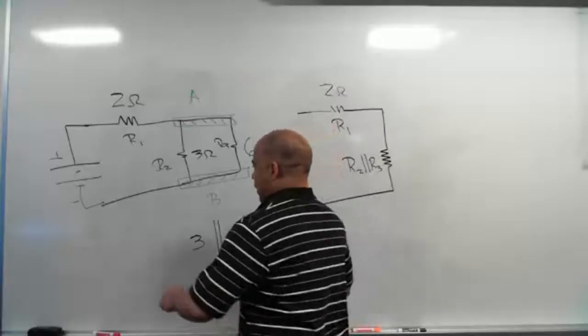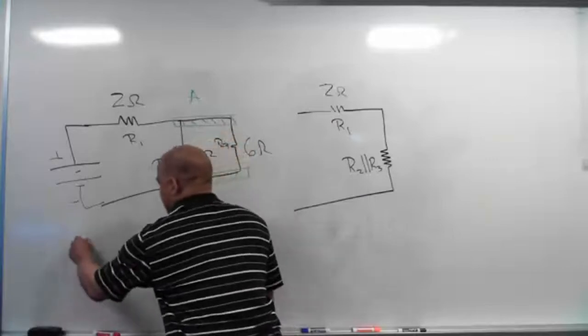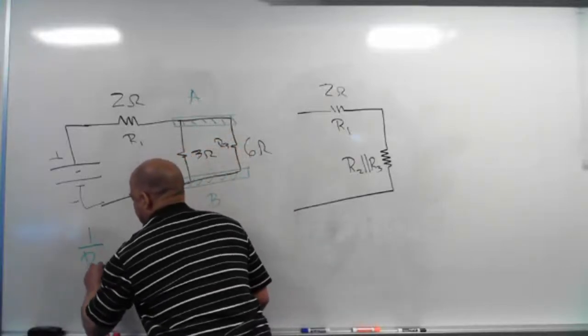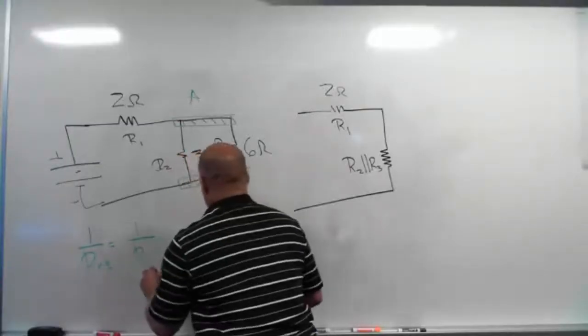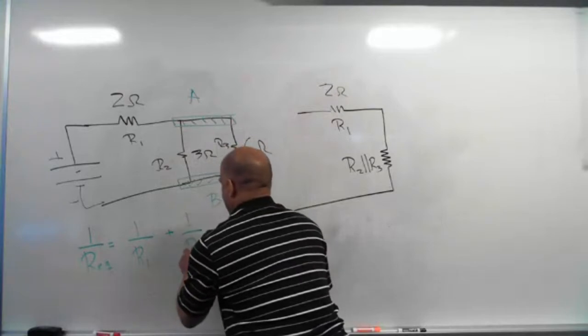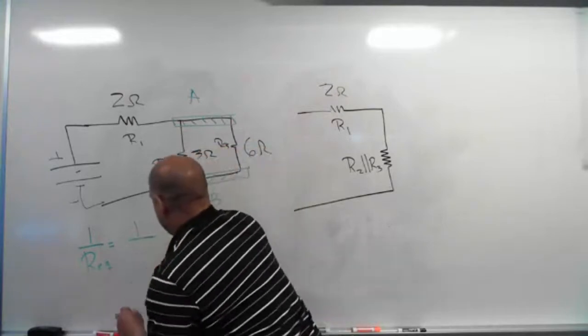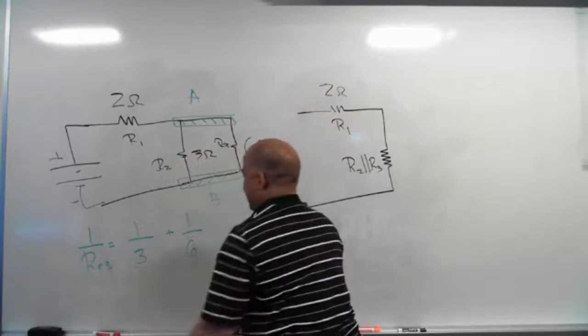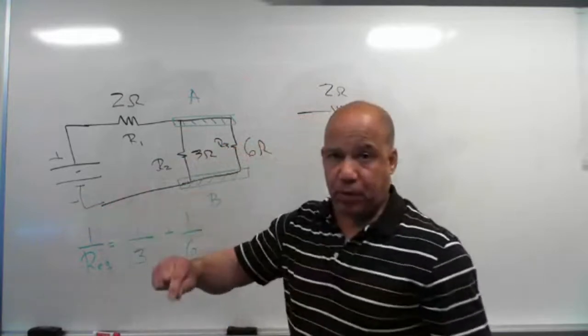So now how do we get to it? Well, I can use this one, right? I can do 1 over REQ equals 1 over R1 plus 1 over R2. Well, R1 is 3, R2 is 6. And remember I showed you that reciprocal key?